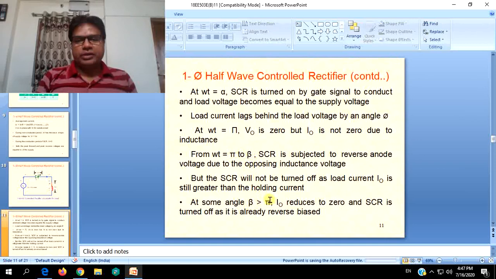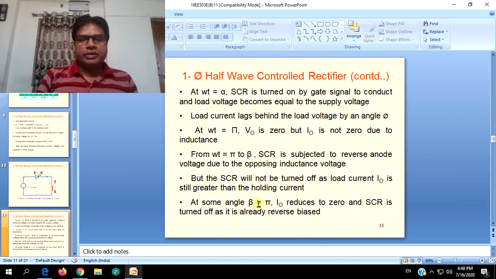At some angle beta greater than pi, I naught reduces to 0 and the SCR is turned off, as it is already reverse biased. At pi itself, the SCR was getting reverse voltage, so it was already under reverse bias, but the current was not 0.